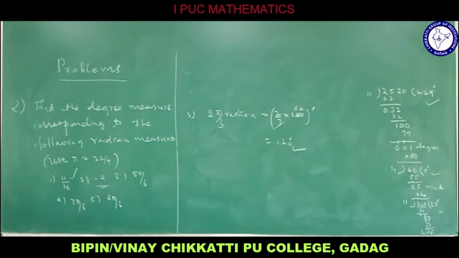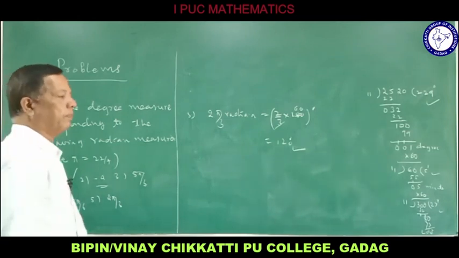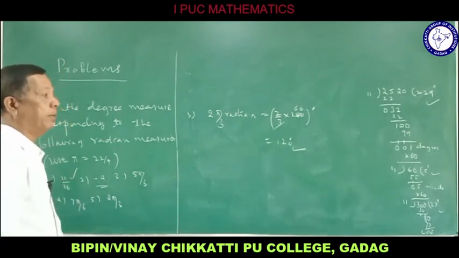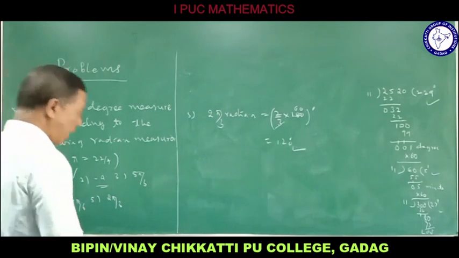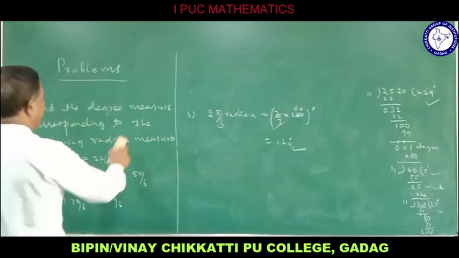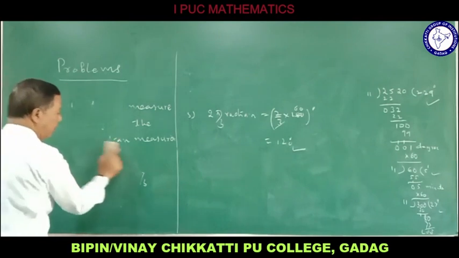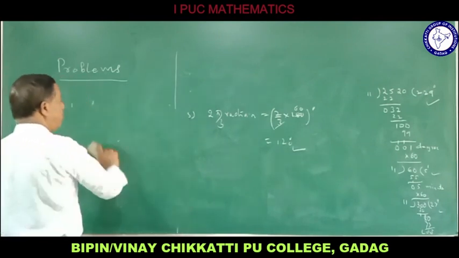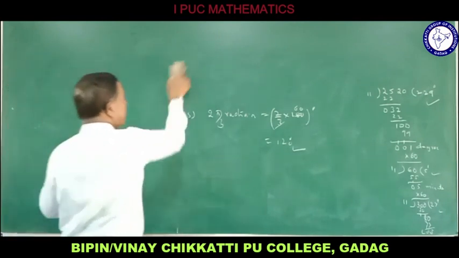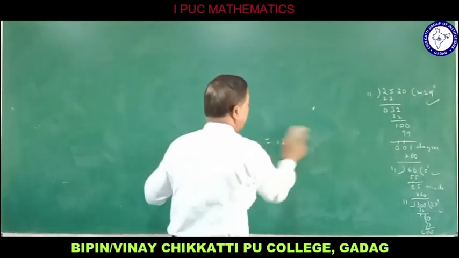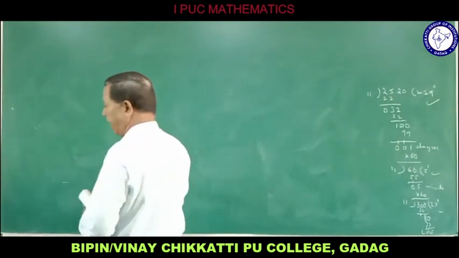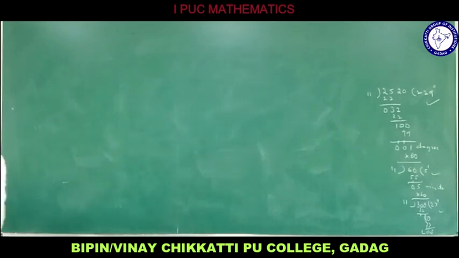Already I told you that 1 radian is equal to how many degrees, minutes. So that also I want to explain in this case. 1 radian is equal to how many degrees, how many minutes, how many seconds. That also I explain, because this is the practice with these two examples.